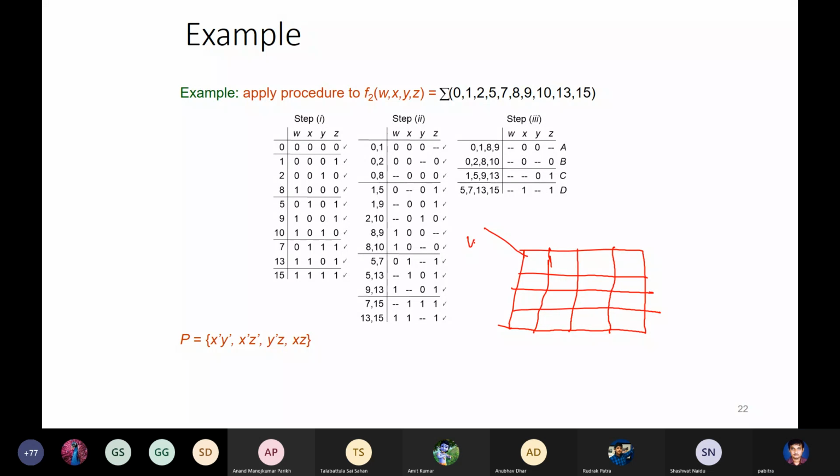W X, Y Z. Okay, so what is the sequence? What is the gray code sequence? Can anybody tell in this Carnot map? 0, 0, 0, 1, 1, 1, 1, 0.